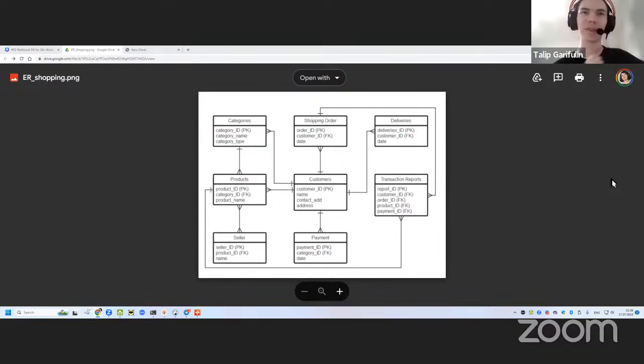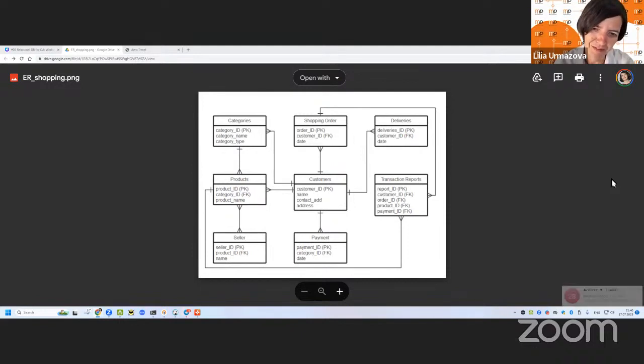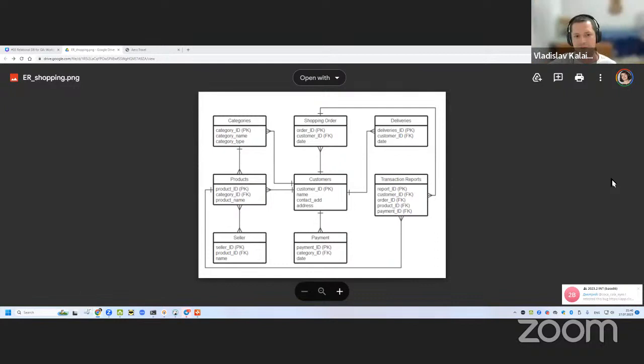I have a question about the categories and customers relationship. I don't see any relationship between these tables. Yes, we have the relationship, but we don't have a foreign key. So it is not quite understandable how category and customer are related. Why do we have it at all?